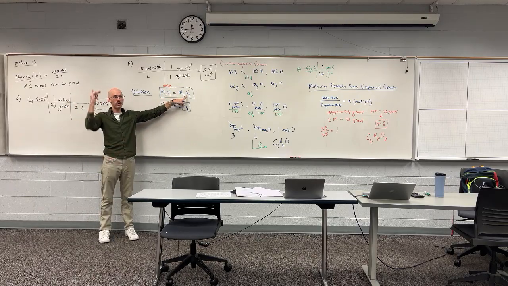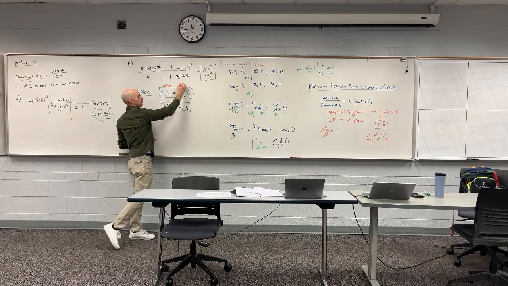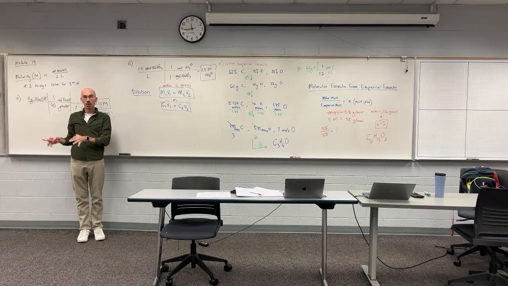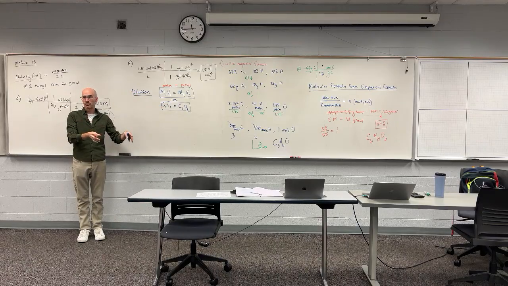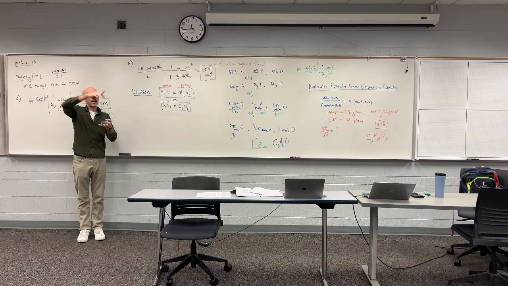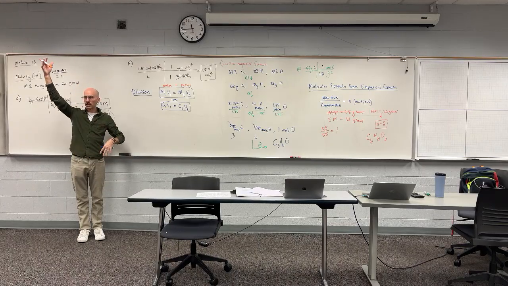M2 times V2, moles per liter times liters, is moles. The dilution equation is saying I have this many moles and I still have this many moles. But I had this many moles in this concentrated of a solution, and now I've diluted it to get a less concentrated solution. Dilution is a way of taking moles and diluting them.